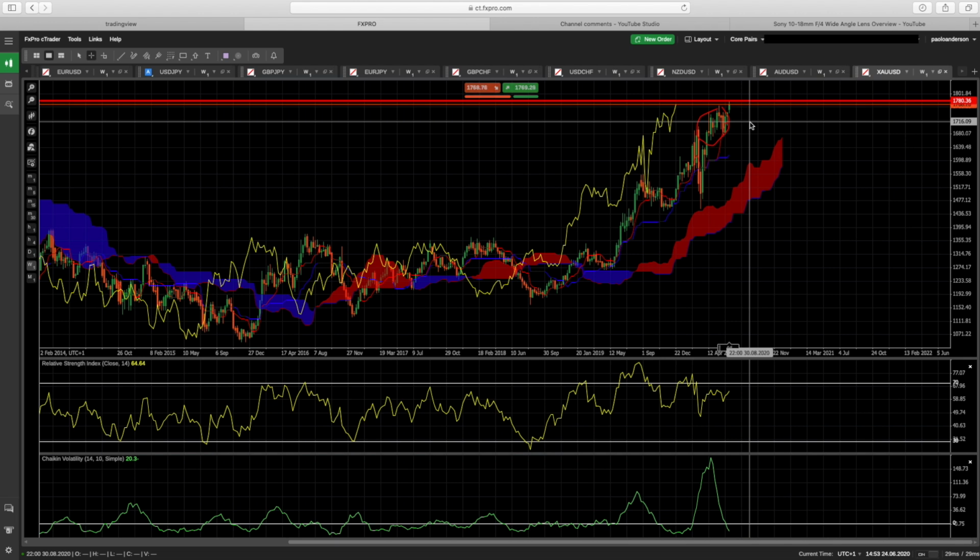These pairs are the US dollar yen and the gold dollar, and maybe the other yen currency pairs like the GBP yen and the euro yen. We'll continue to keep a close eye on these and see how price action plays over the next few days, weeks, or a week, to make sure that we profit on some of these as well.